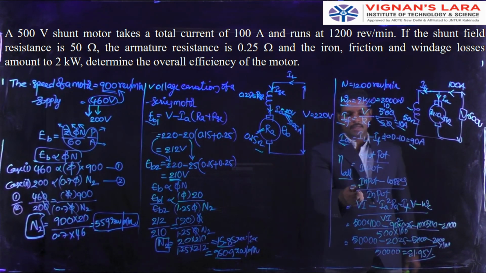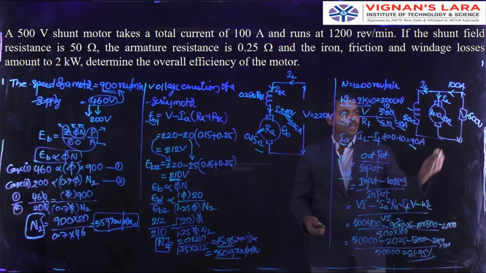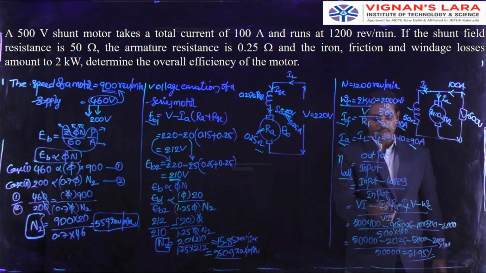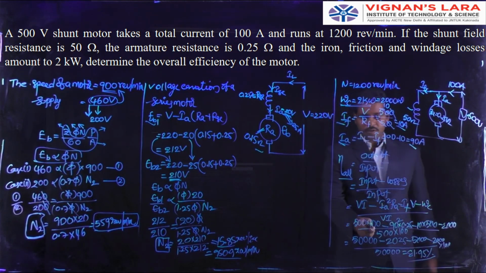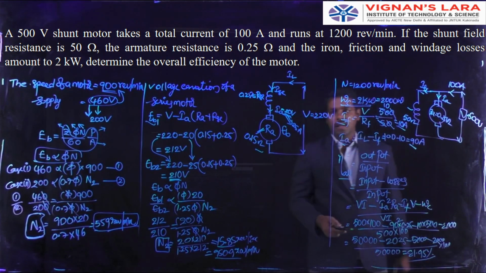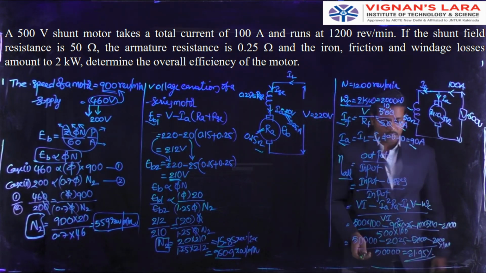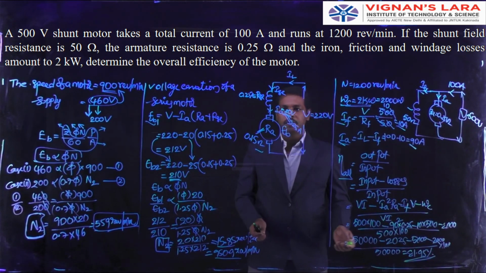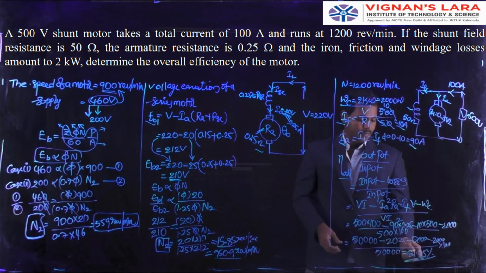Output can be written as input minus losses, divided by input. The input of the motor is voltage into current, so VI minus IA square RA minus IF into V minus WC, divided by V into I. So 500 into 100, and substituting all the parameters, finally we get the efficiency of the motor equal to 81.95%. Thank you.